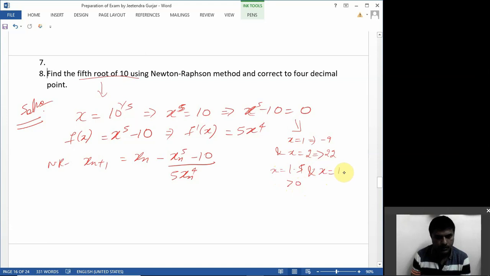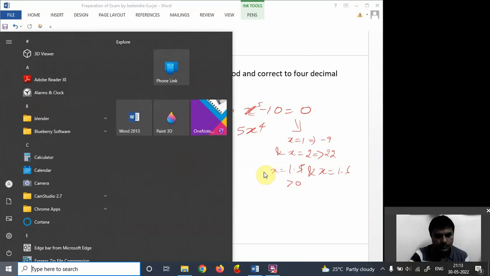Okay, this is the value which we have to calculate. On the right hand side you can watch the formula. So you just have to put it in the calculator. So take 1.5, you are getting a positive value. Am I right? Okay, so write down this first iteration.